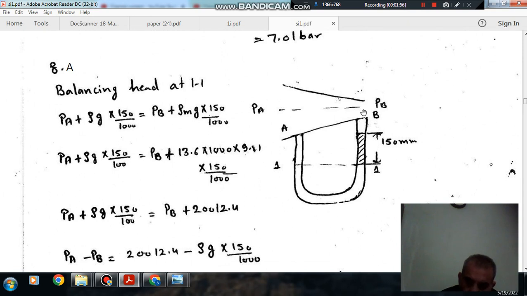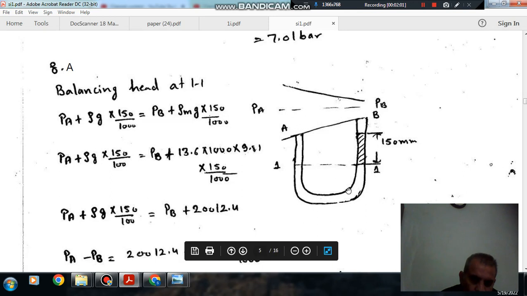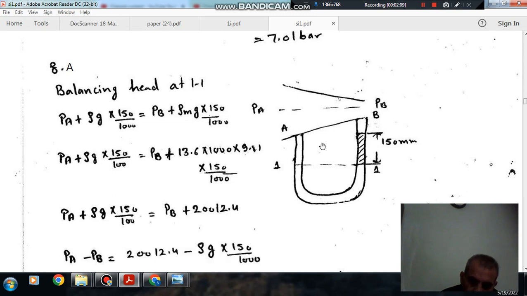Both are the same for both the limbs. So the difference of pressure will be only due to this mercury head and this water head of 150 mm. At the same level the total pressure should be the same.